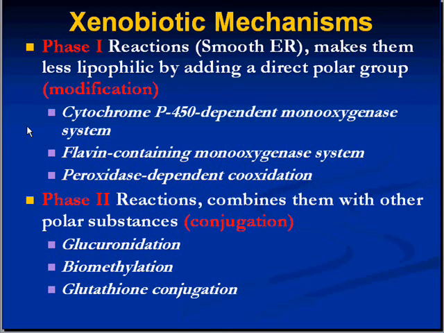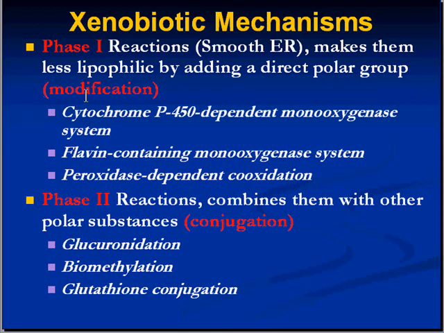Now, if you remember, in order for something to enter a cell, it has to become relatively nonpolar because the membrane of the cell is a lipid membrane, so it doesn't allow things that are directly polar. Our body reacts to making substances less nonpolar or less lipophilic or more polar by doing basically 2 things.